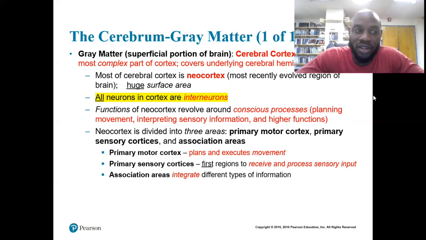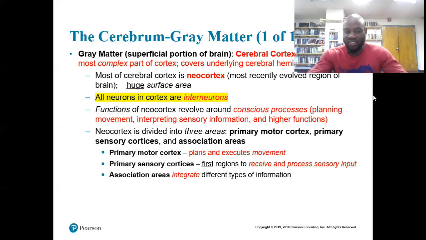They're not sensing anything per se, and they're not sensory neurons, and they're not motor neurons, so they're not causing anything to move directly. They're interneurons, right? So they're processing. Functions of neocortex revolve around conscious processes, right?